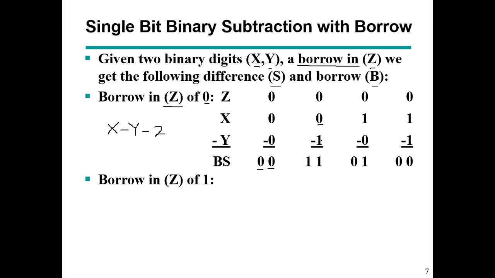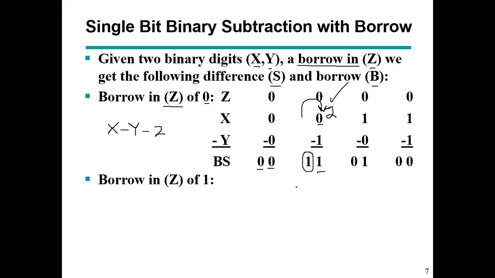So what should we do? We should borrow from the next higher position. In decimal, you borrow a 10. In binary, when you borrow from the next higher position, you borrow a 2. So 2 minus 1 is 1. That is your difference. And borrow would be 1, because you had to borrow. So that's why borrow will be 1.